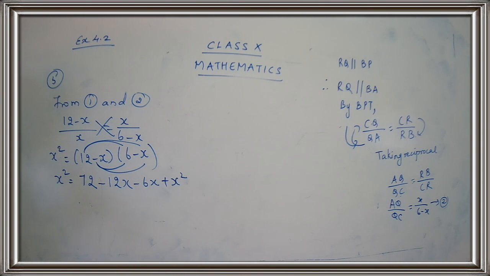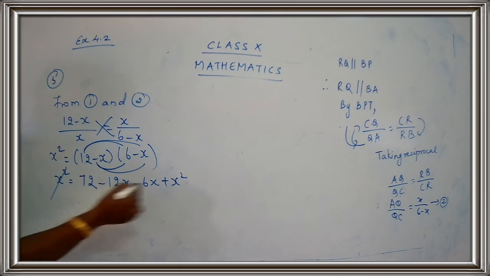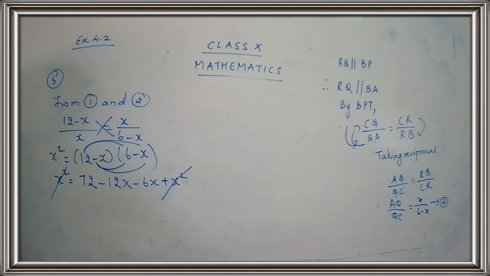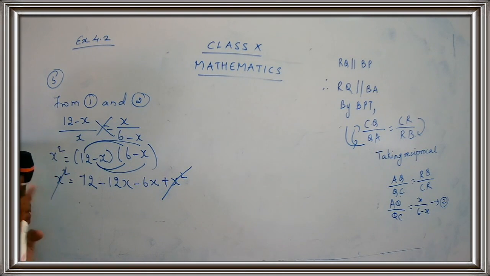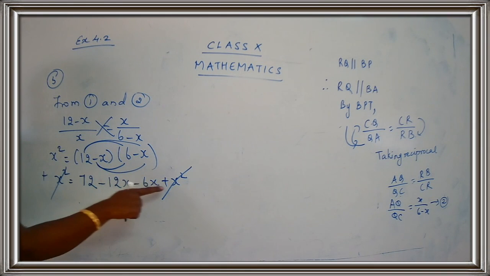Now just see here, children. We have X square on both the sides. You have to be very careful. What do you have here? X square. And what do you have here? X square. If you have X square on both the sides with the same sign, we can cancel them. Let us cancel. So X square gets cancelled.